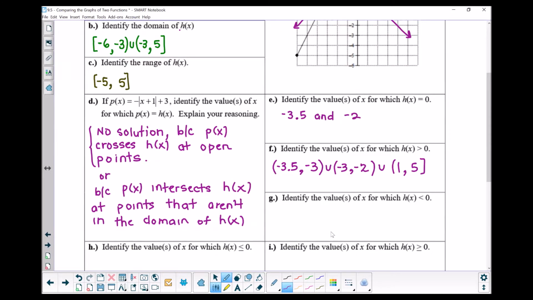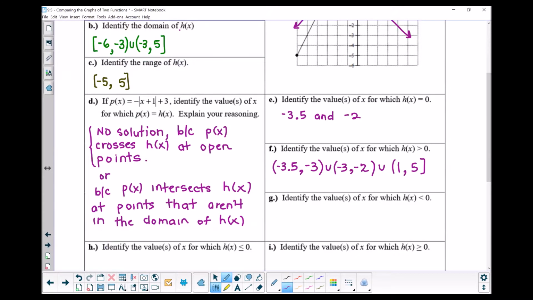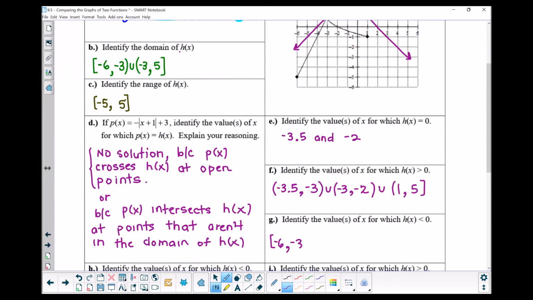Now we have the opposite. When is h of x below the x-axis? We know that that's going to start at -6. Take that all the way to -3.5, but do not include the -3.5. And I know that I'm scrolling a lot back and forth. If you have the notes in front of you, then you guys can see the graph there all the time.